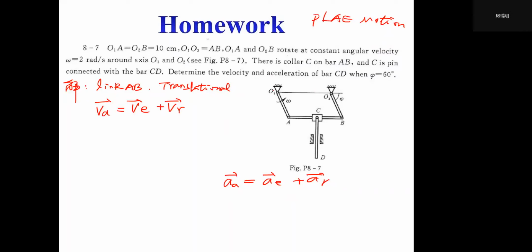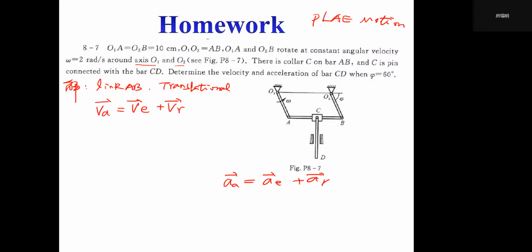So this axis O1 and O2, because this is a parallelogram, O1A and O2B always have the same velocity and acceleration.